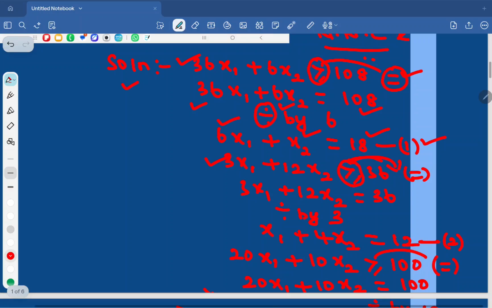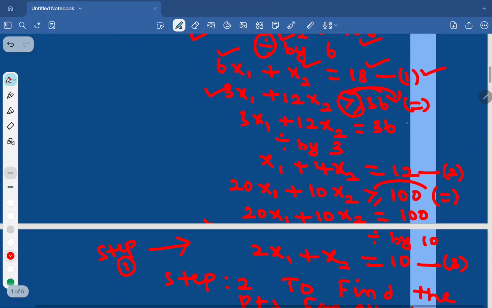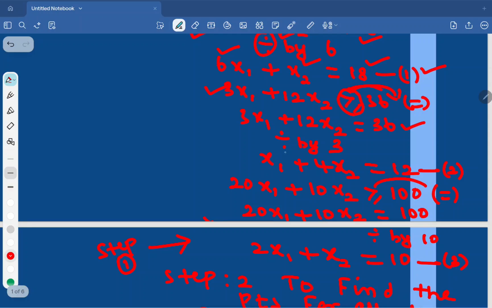Again convert into equality: 3x1 plus 12x2 equal to 36. Divide by 3: x1 plus 4x2 equal to 12. Third constraint: 20x1 plus 10x2 greater than or equal to 100. Again convert inequality into equality: 20x1 plus 10x2 equal to 100. Divide by 10: 2x1 plus x2 equal to 10. This is the third equation. This is step 1.